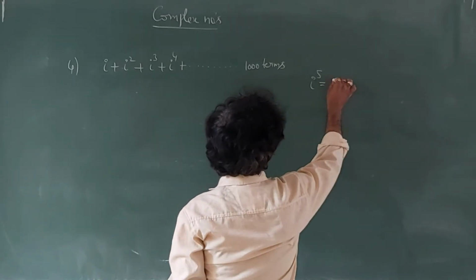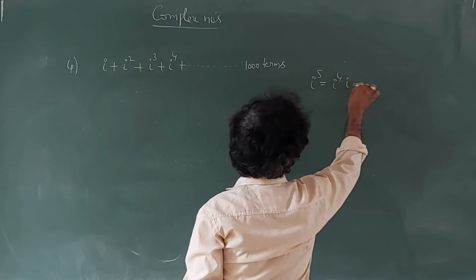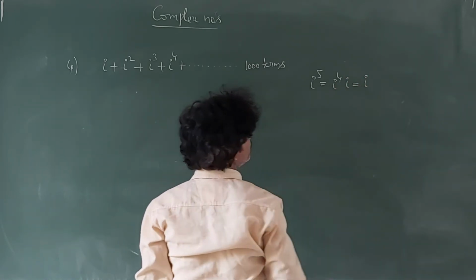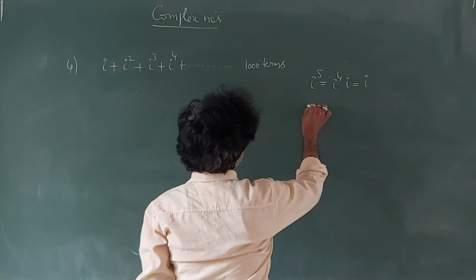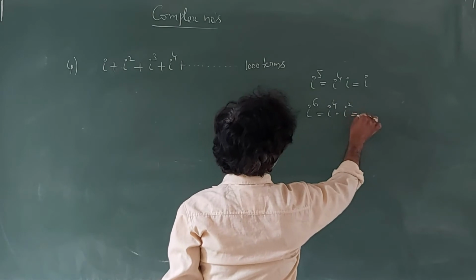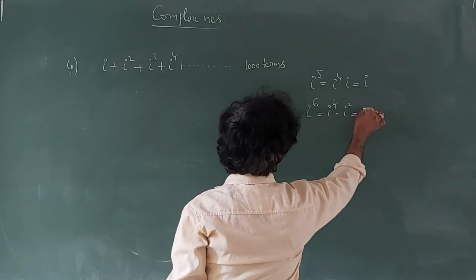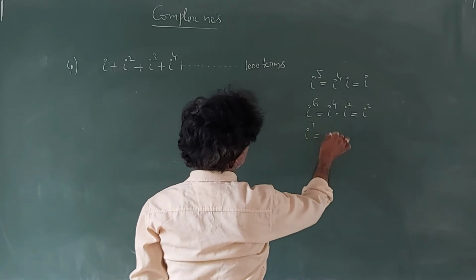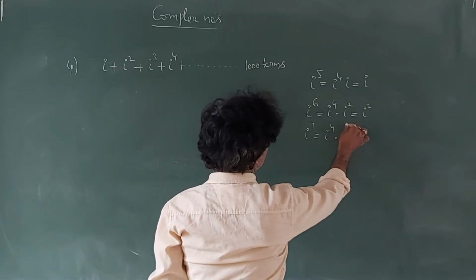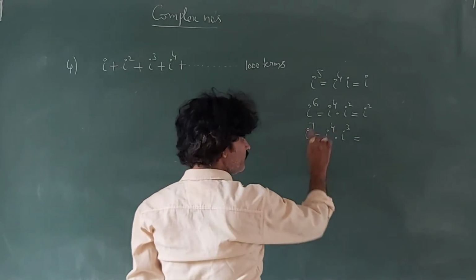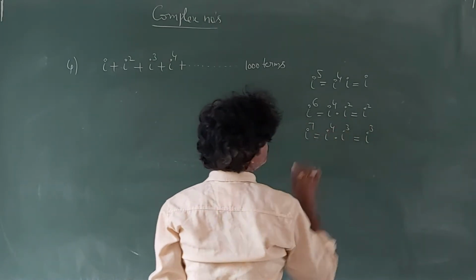I can write i power 5 as i power 4 into i, and i power 4 value is 1, so it is i. What about i power 6? i power 4 into i square, which is i square. Next, i power 7 is i power 4 into i cube, which is i cube.